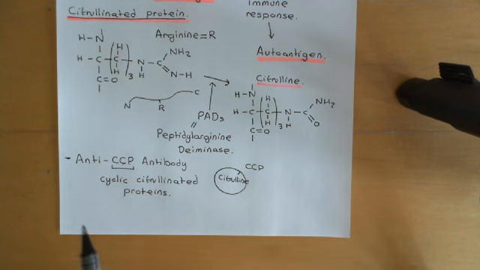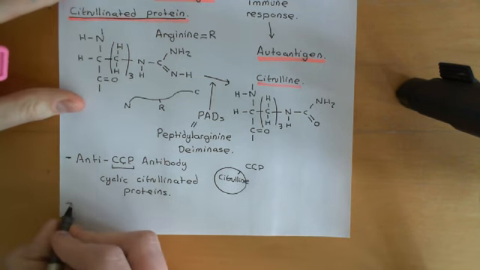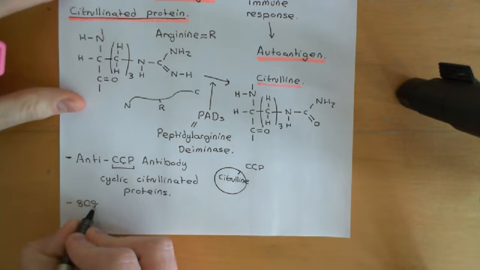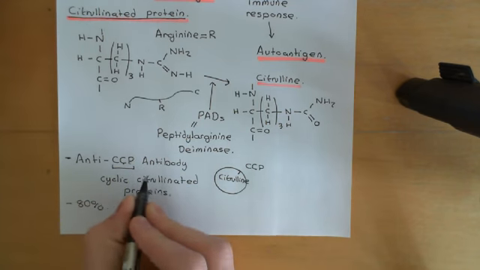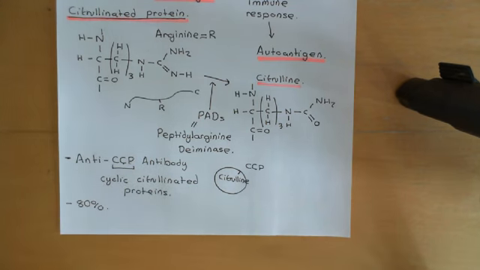And that's why, strictly speaking, we should say you are anti-cyclic citrullinated protein antibody positive, rather than just anti-citrullinated protein antibody positive, because it might be the case that you have antibodies directed against citrullinated proteins which for some reason don't bind to our cyclic citrullinated protein here. However, 80% of people with rheumatoid arthritis do have anti-cyclic citrullinated protein antibodies in their blood.